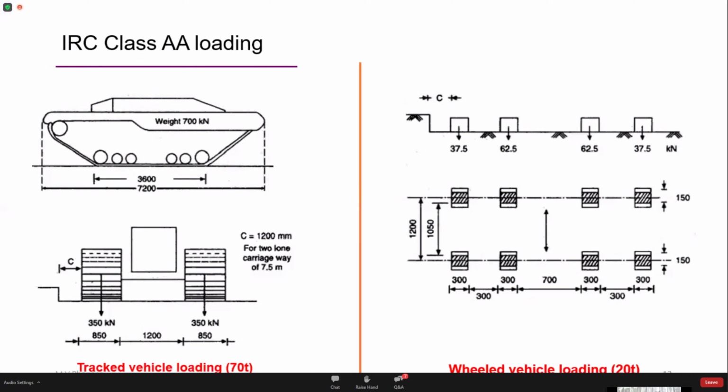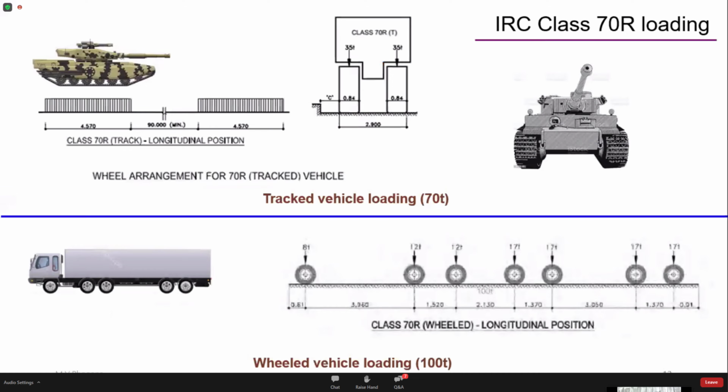In case of IRC class AA loading, we have the track width of 850 mm and 850 mm. In the earlier case, it was 840 mm respectively. So this is the fundamental difference. This was the thing I wanted to highlight here.